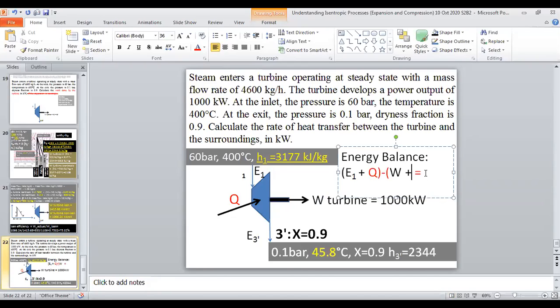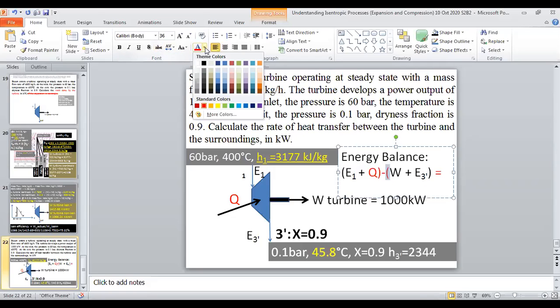Another leaving is E3 dash. Okay, entering minus leaving is what we need.